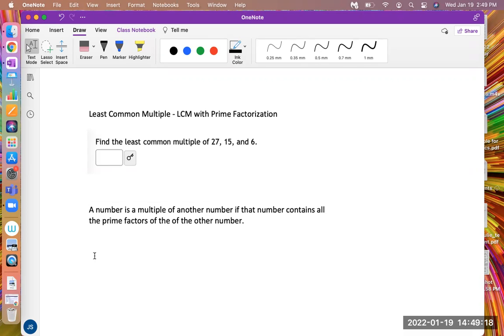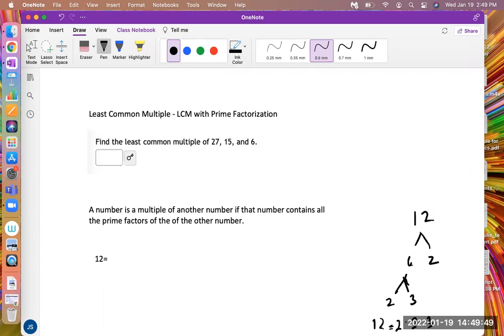You can see 12 is a multiple of 6. That's because when I prime factor 12, we can do it real quickly, it's 6 times 2, and if I prime factor that, it's 2 times 3.